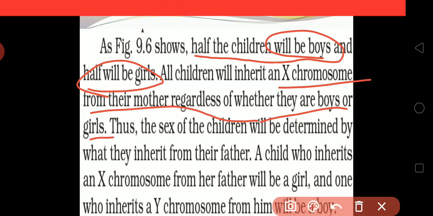If a child is getting an X chromosome from his or her father, the child will be a girl.